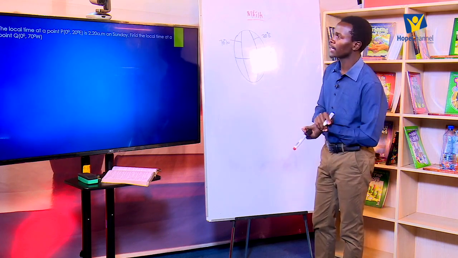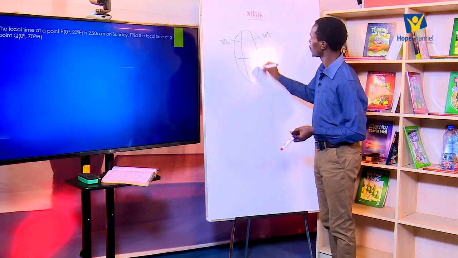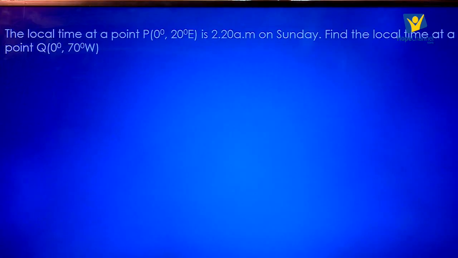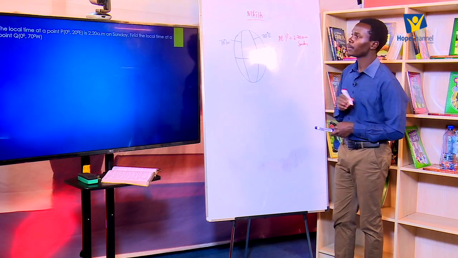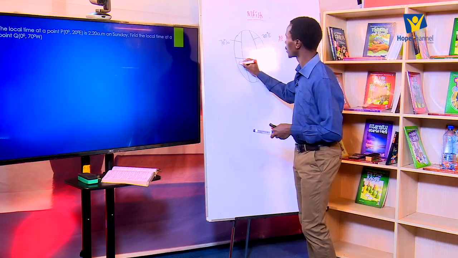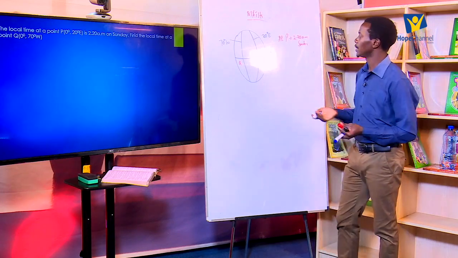And we are told that at this point P, the time is 2:20 a.m. on Sunday. So we are supposed to find the time at Q, and of course we need to indicate the dates.